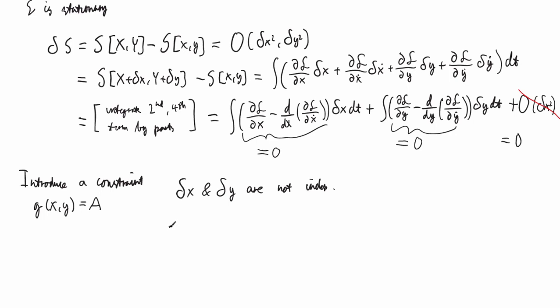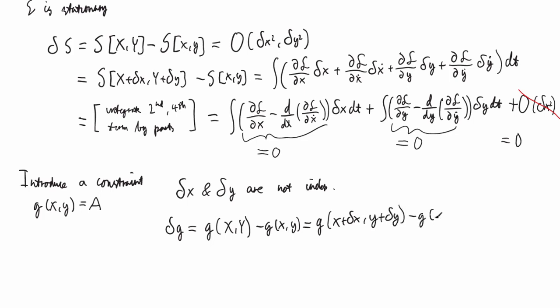So it means if I take this constraint here and define delta g as g of capital X and capital Y minus g of little x and little y, then we can use the chain rule, just like we did over here.